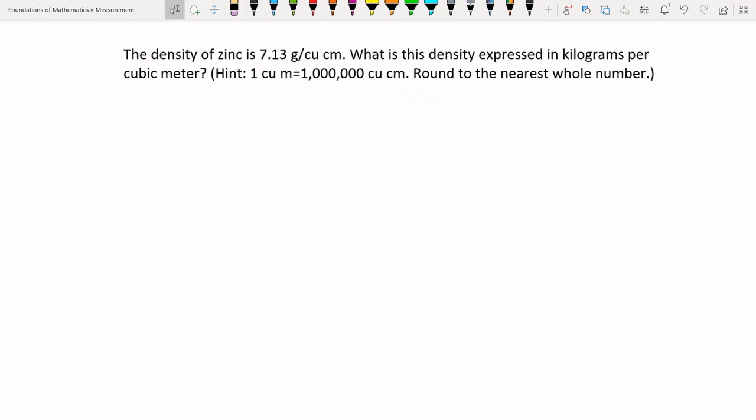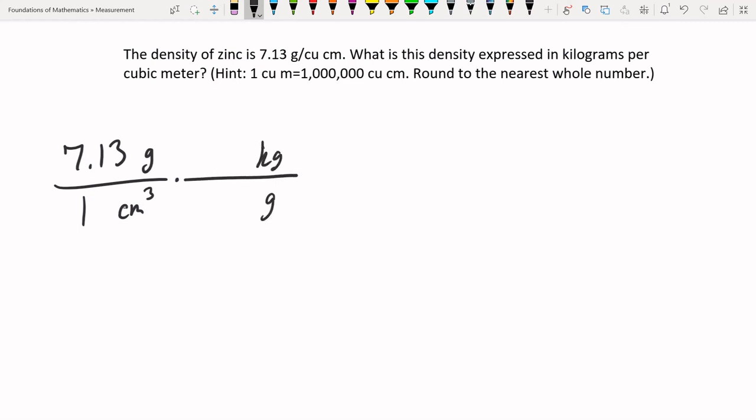All right, here's the density of zinc. What is the density expressed in kilograms per cubic meter? So we have 7.13 grams per 1 cubic centimeter. And we want kilograms, so kilograms on top, grams on bottom. 1 kilogram is 1,000 grams.